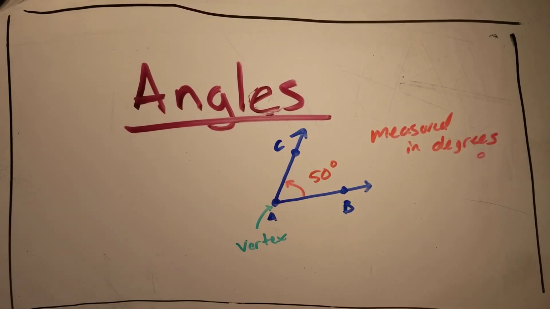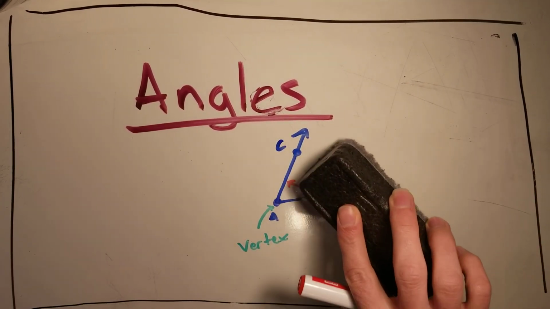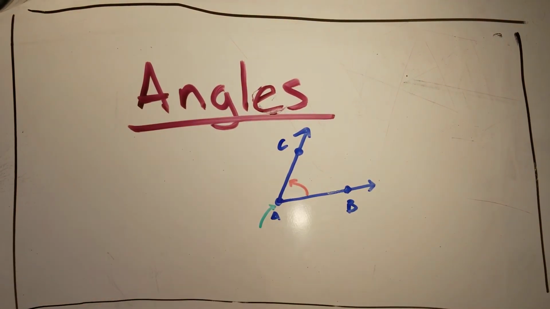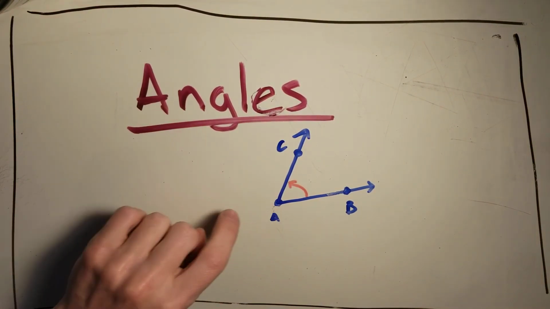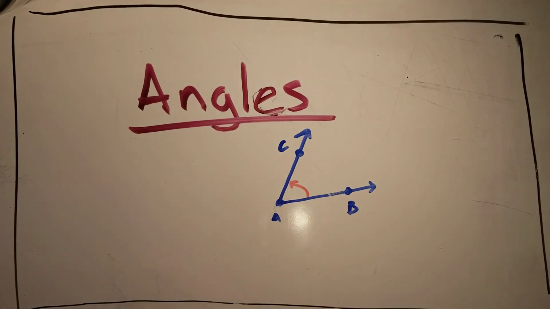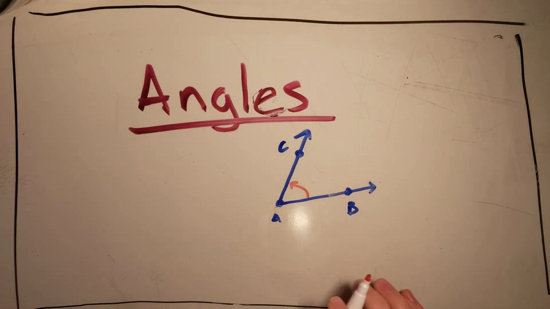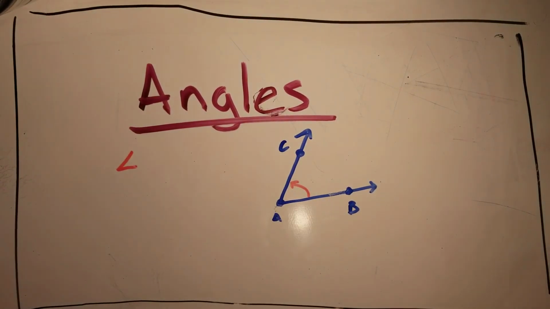So with angles, it's really important to know how to notate angles. So let's take all this away, because we want to know that we're talking about an angle, and we want to know which angle we're talking about. So let's say we take this nice angle here. So to notate that we're talking about an angle, we're going to use this symbol, which signifies that we're talking about an angle.